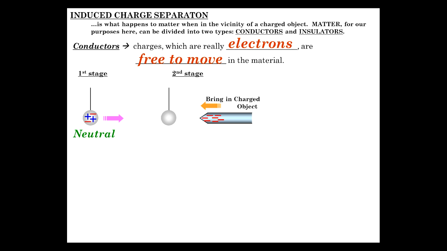The next level of accuracy, I believe, is to state that it pushes on the electrons in the clouds around the atoms and can literally move them off one atom to another. So the object is still neutral, but the charges are separated. That's why it is called induced charge separation. There's a charge separation that's induced by this.